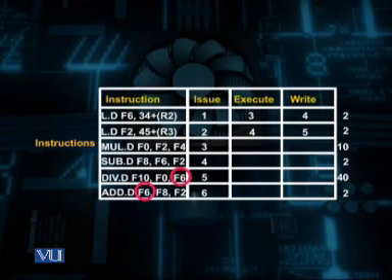Here is the difference between the scoreboard operation and the Tomasulo approach. In the scoreboard approach, the add instruction was not issued at the sixth clock cycle or at this stage, because it was observing a data dependency.